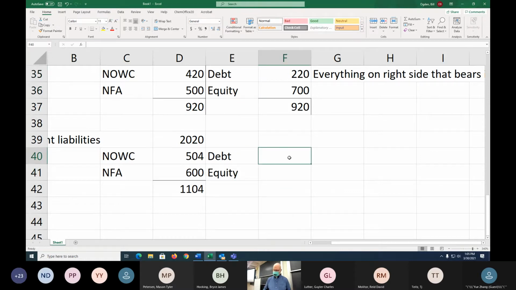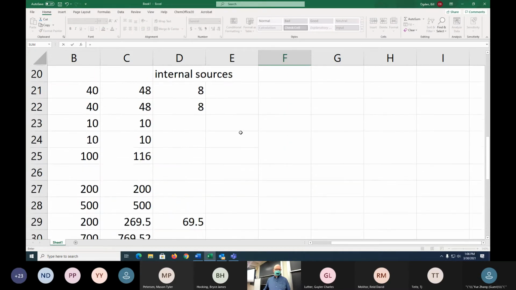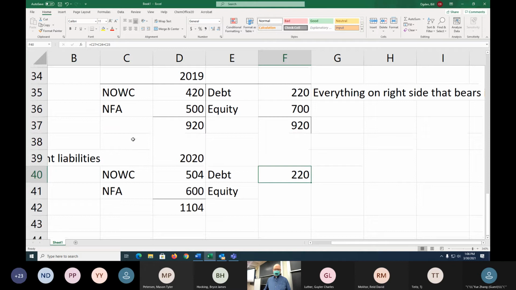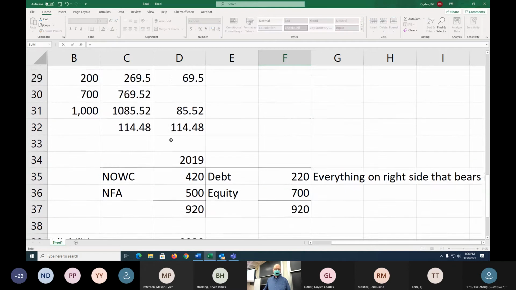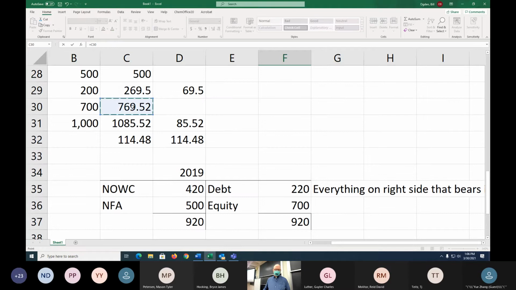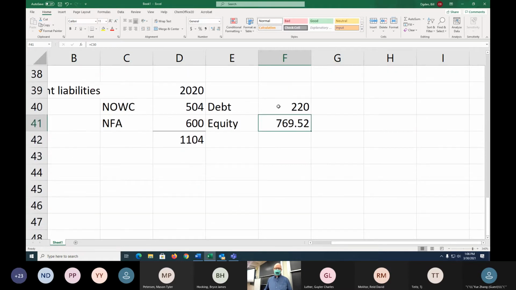So our debt is pretty much the same thing: 200 plus 10 plus 10. Our equity, total equity. And we'll add these together.